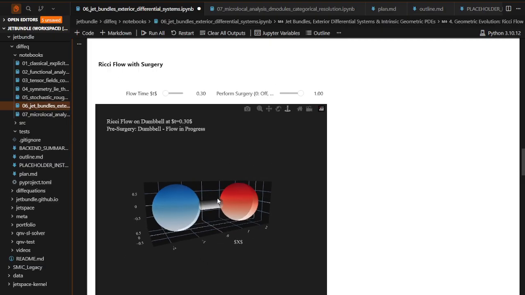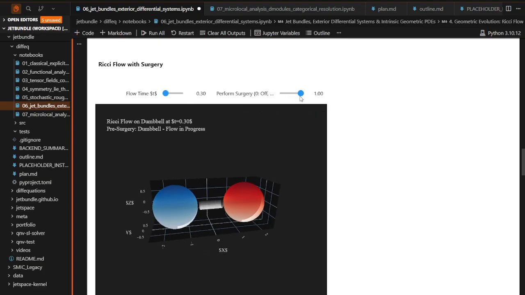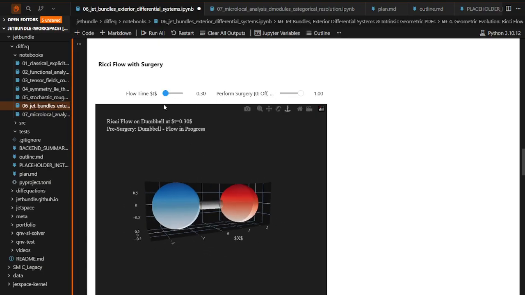And this would be a dumbbell. We can perform a surgery on the dumbbell with some finite flow time.